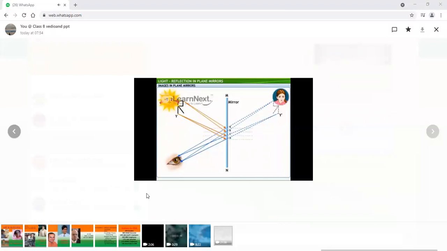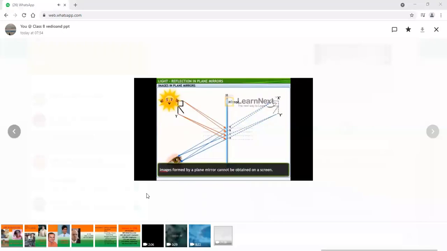So, how do they form an image? All these divergent rays are extended behind the mirror to form a complete image of the object. So, the image is formed behind the mirror? Yes. That's why images formed by a plane mirror cannot be obtained on a screen.